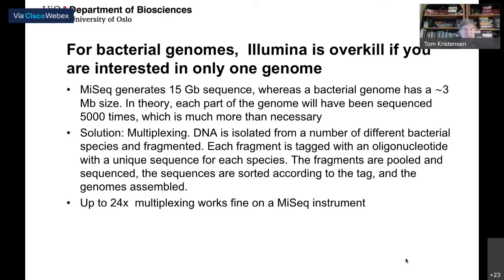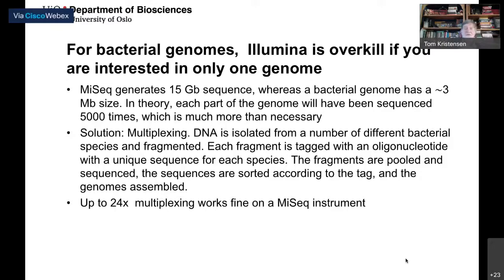The solution to this would be, for instance, to sequence more than one genome at a time by so-called multiplexing, where you start with, for instance, what we have done, 12 or 16 or 24 different bacterial genomes. You fragment them, you tag each fragment with a specific oligonucleotide, which will allow you to tell from which organism a given sequence is derived.